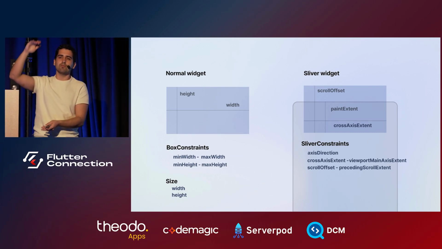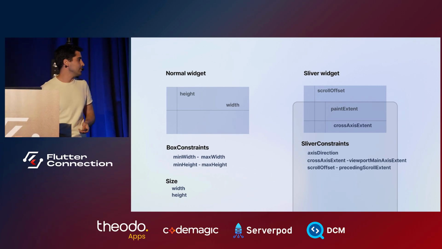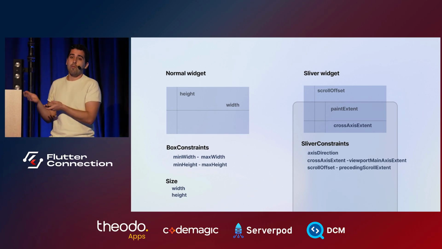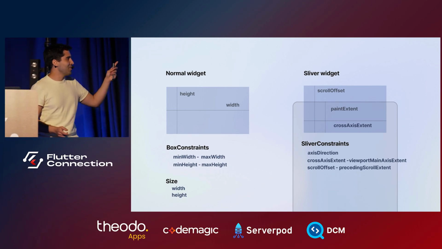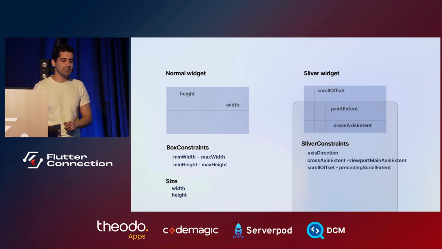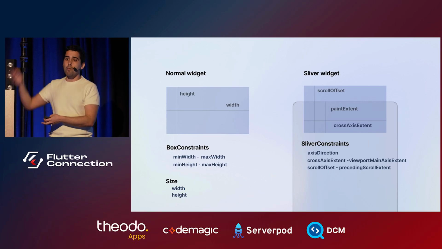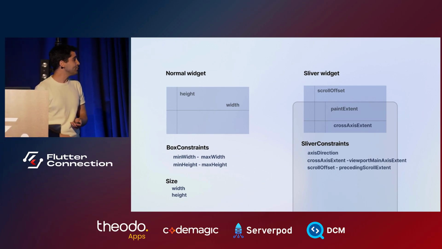Even if it's infinite scrolling, you can only paint this viewport extent. Another property is the scroll offset, how much of this widget is already scrolled. We cannot confuse it with the other scroll offset, that's always very confusing. And then the preceding scroll extent is how much scrolling already happened for other slivers, how much the scroll view has already scrolled.